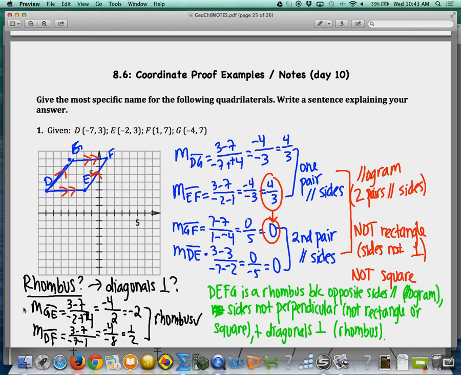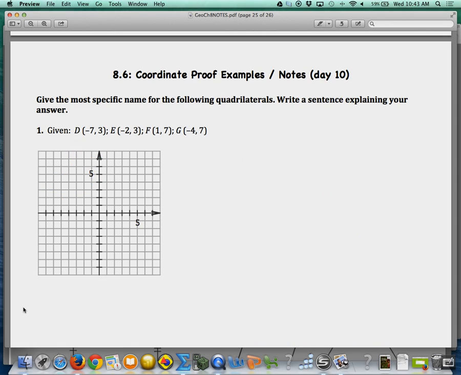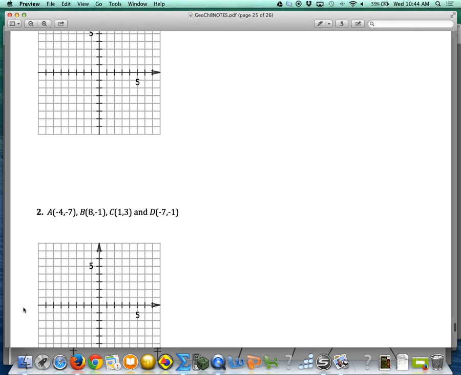Okay. I told you that you could do this with distance formula also. We're going to do one more with slope and then do distance formula.